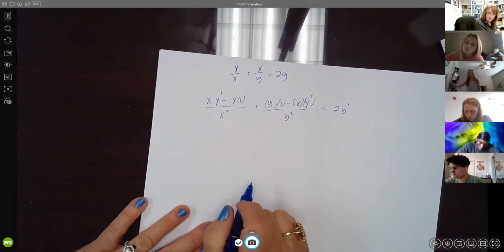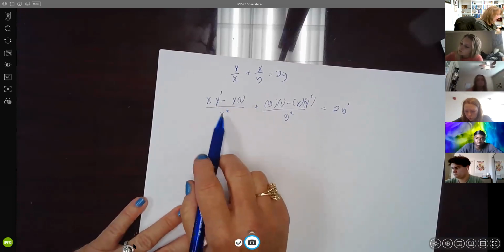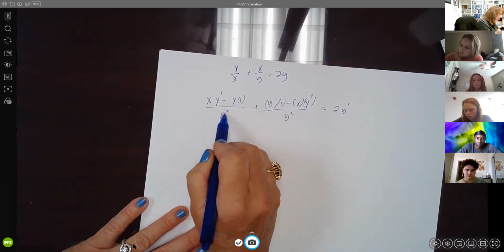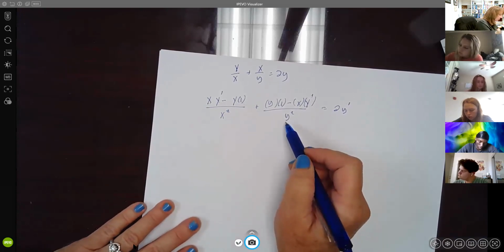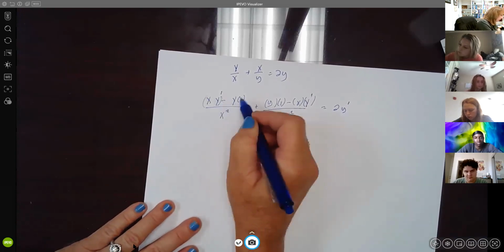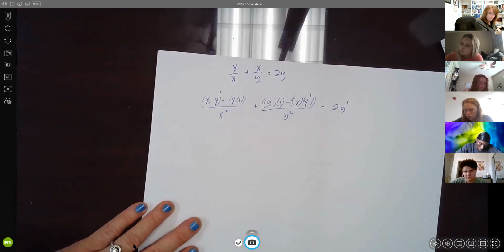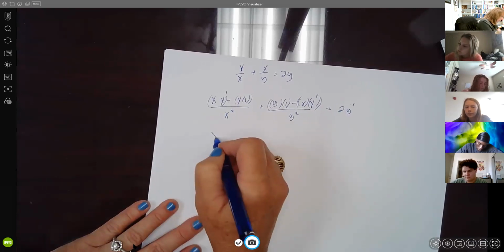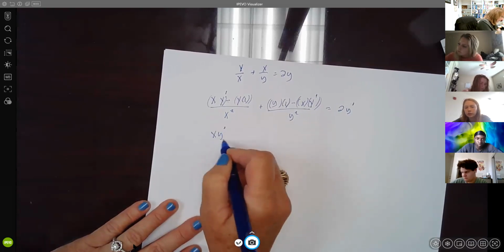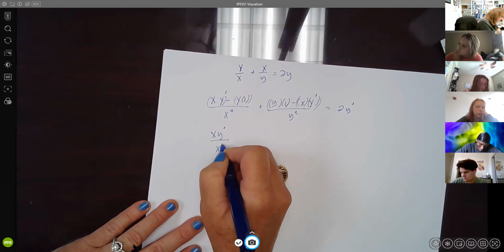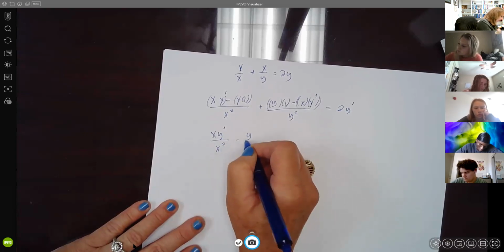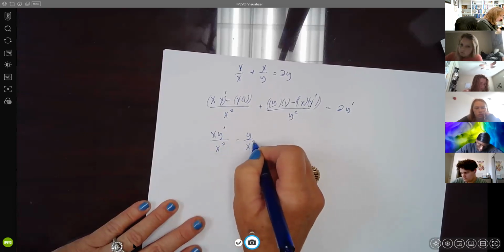Next we're going to split this thing apart because we have these common denominators here. We have all of this minus this, and this minus all of this. So that's going to be xy prime over x squared minus y over x squared, right?